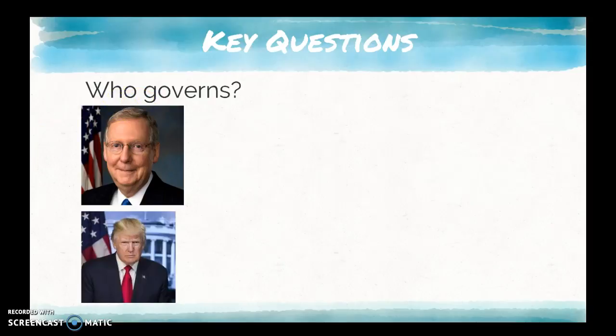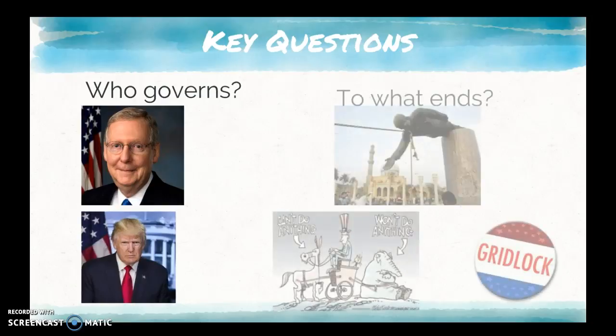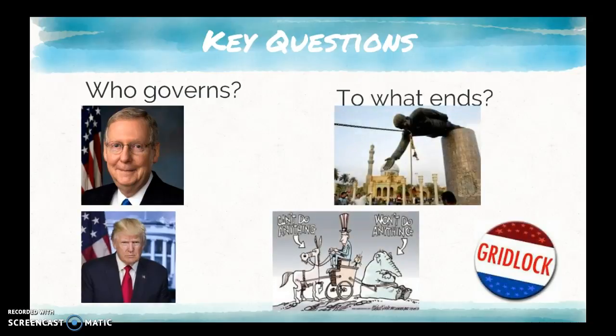Another question we might ask around who governs is if only Congress can declare war, why has the president become so powerful in military affairs? The next part of this idea is to what ends, right? How do they do it? So a question we might ask around this question of to what ends is why do we go to war against some dictatorships and not others?